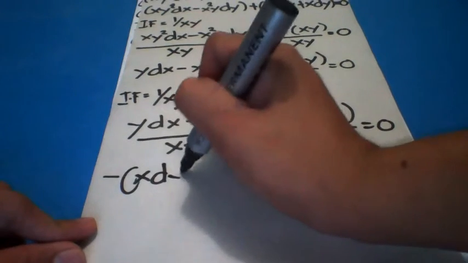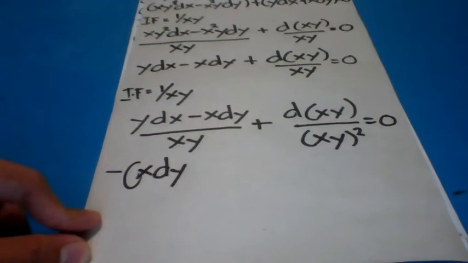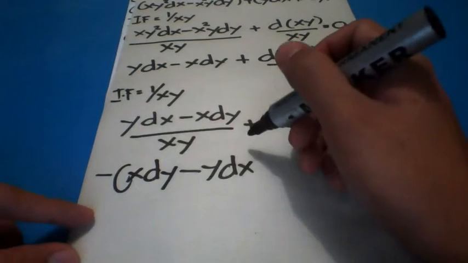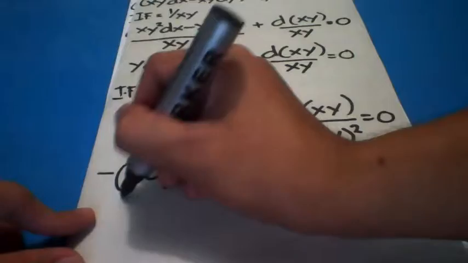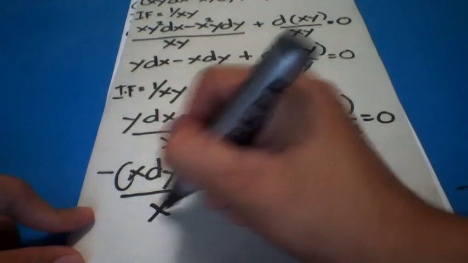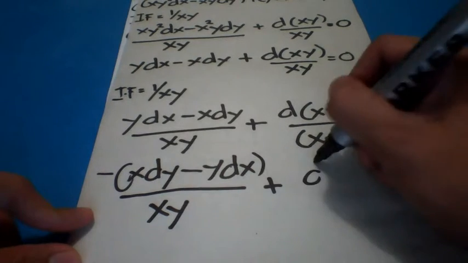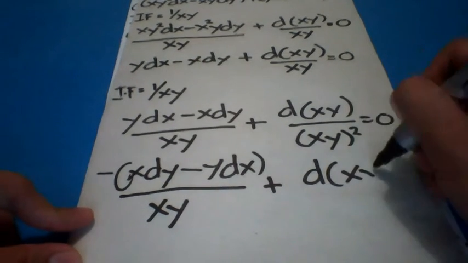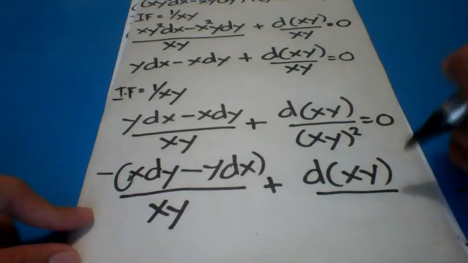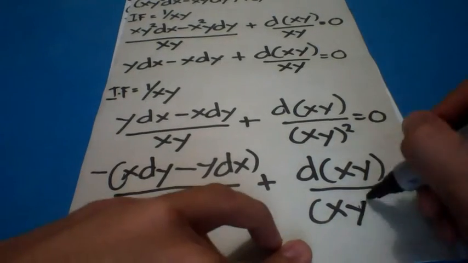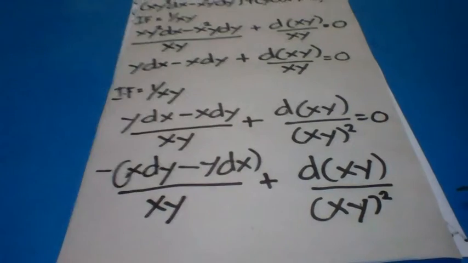If I put the negative on the outside, the negative y will become negative, minus y dx over xy plus d(xy) over xy squared is equal to 0.